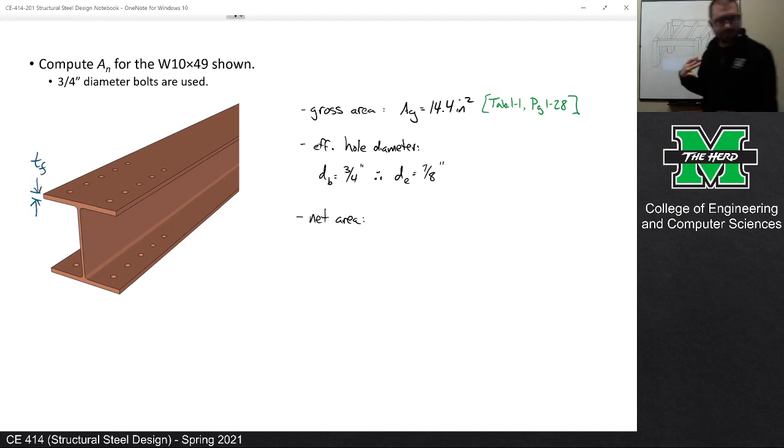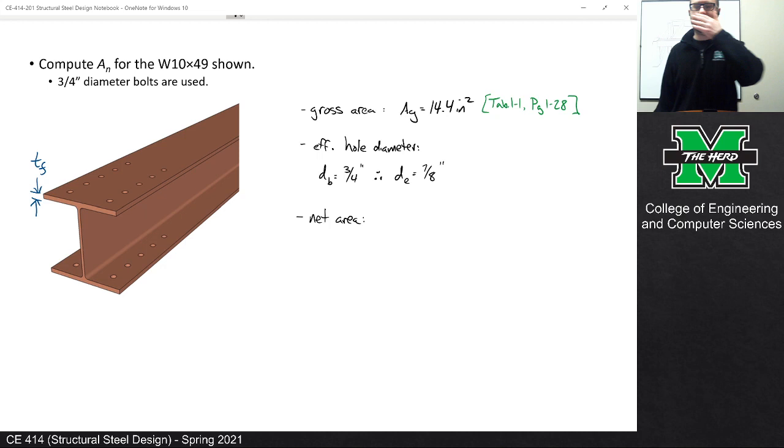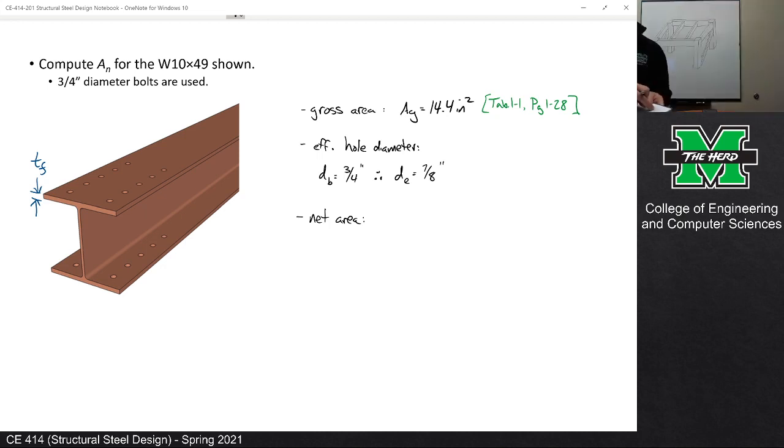Whenever you pull up a given dimension, we can look at the schematic and we know we need that dimension. Remember, on the top left of table 1-1, there's that schematic. If you look at that schematic, that's T sub F. So I need T sub F for a W10 by 49, and that is 0.56. It is not 9/16.